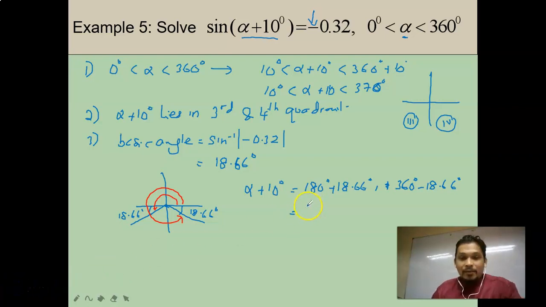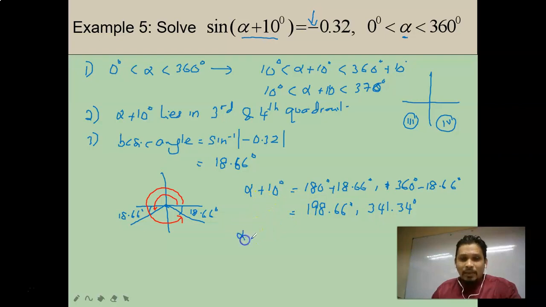198.66 degree, and another one here is 341.34 degree. So this is the angle for alpha plus 10.